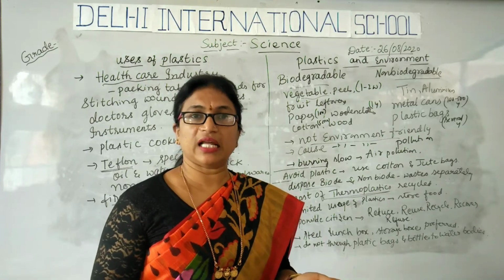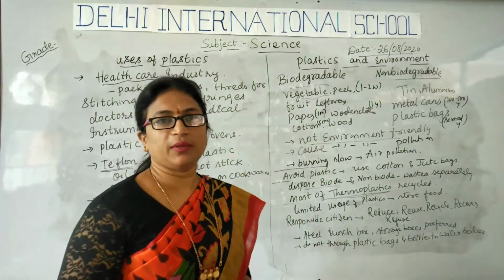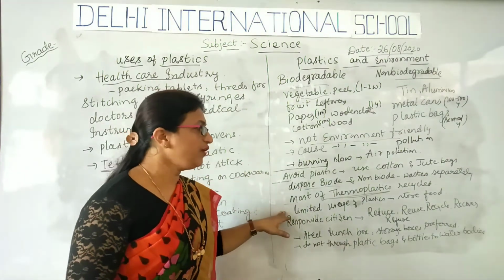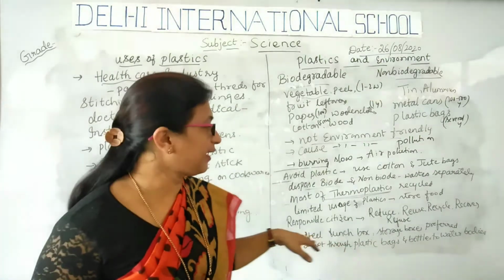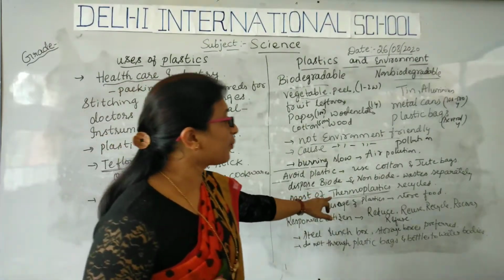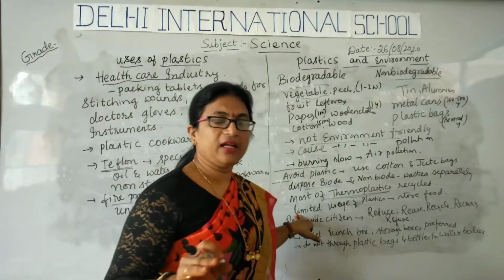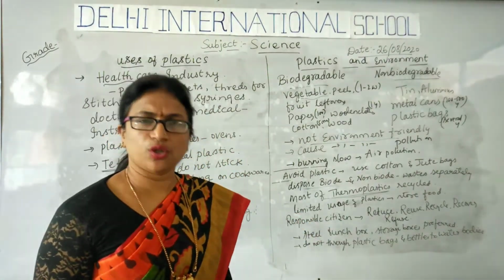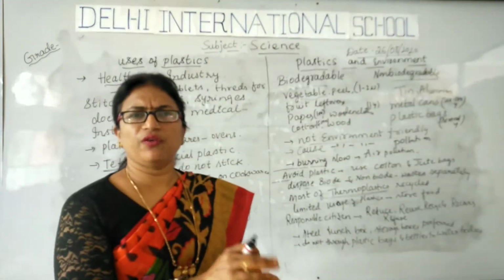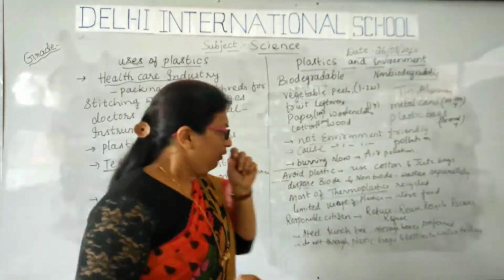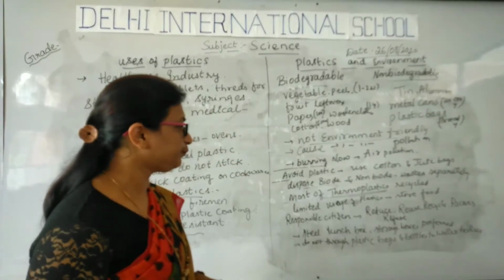Once the thermosetting plastics are prepared, they cannot be recycled. So we should prefer recyclable plastics such as thermoplastics. And then we should make limited use of plastic. We should avoid using plastic to store food, etc.